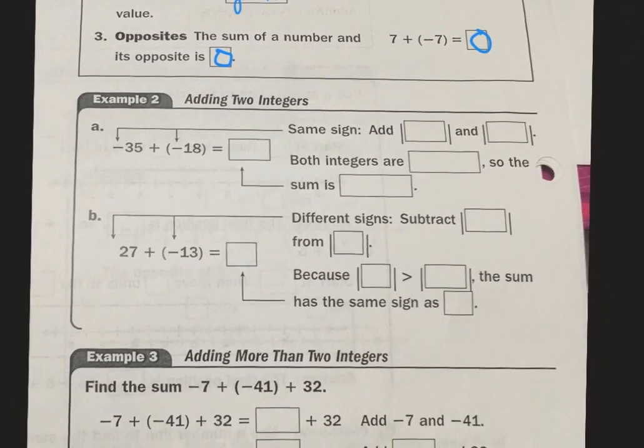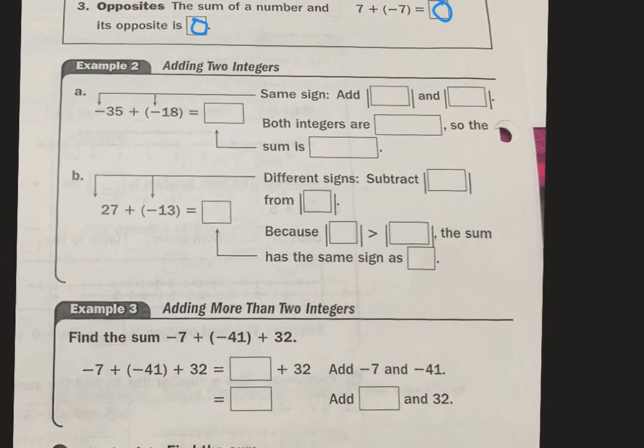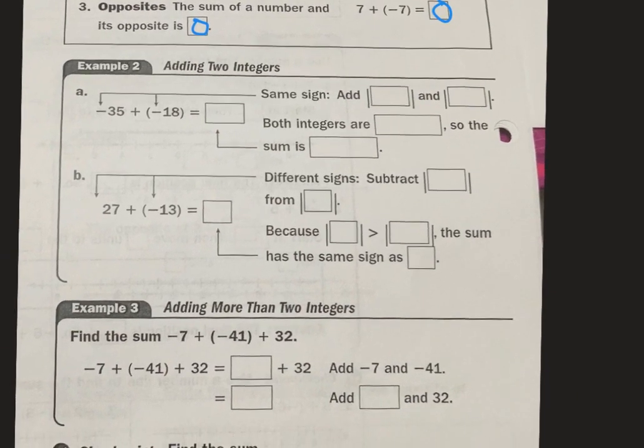Okay, so let's do example A and B. So, same sign. You're going to add 35 and 18, right? Both integers are negative, so the sum is negative. What's 35 plus 18?